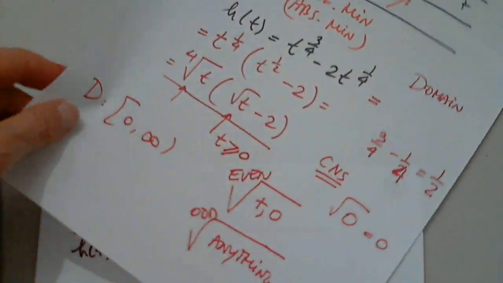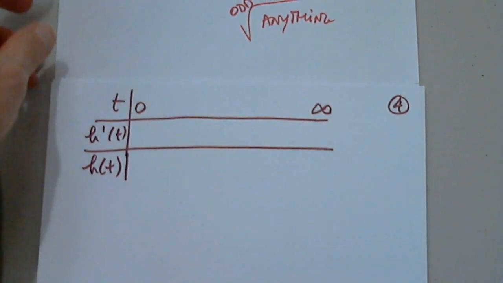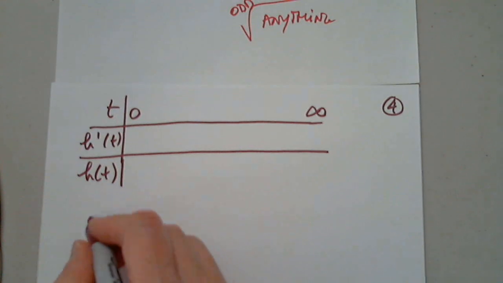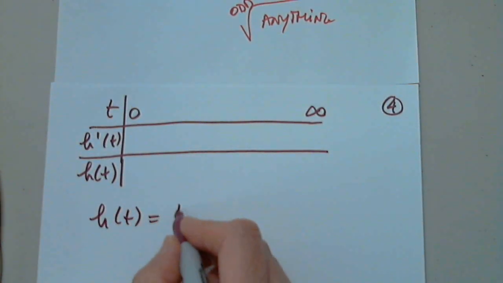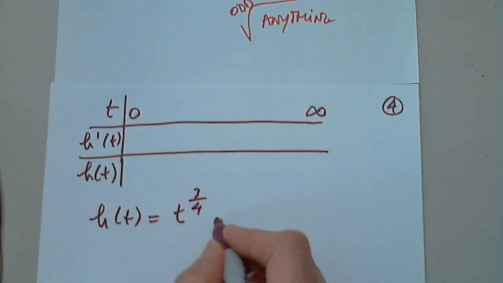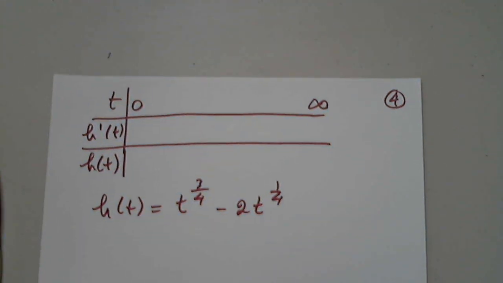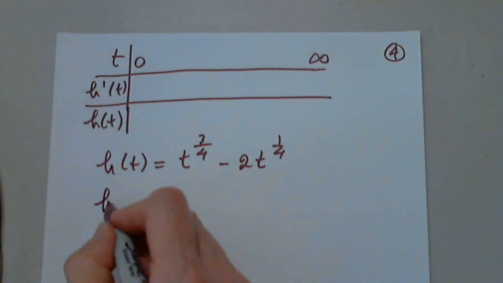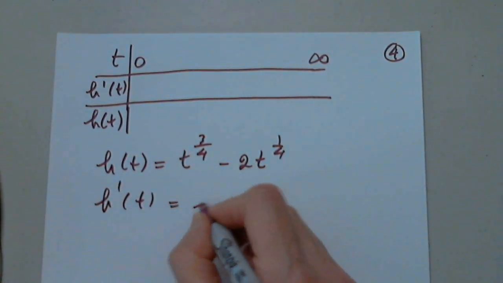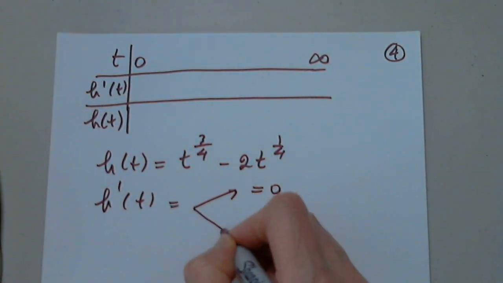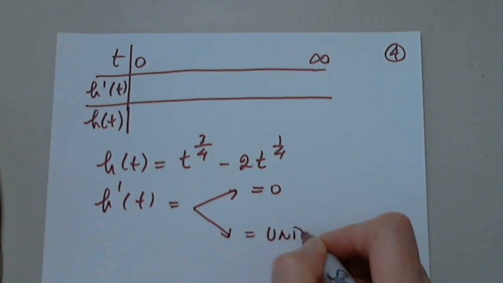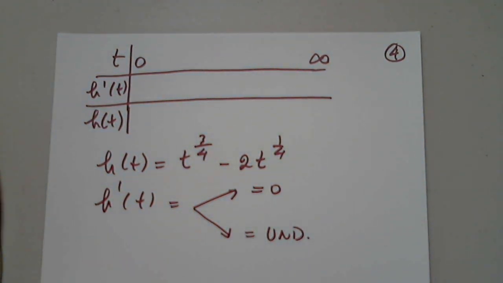So now let's find critical numbers. I'm going to copy the original function here, so I can put that page away. Good. So we have to find h prime of t, and then we have to set it equal to 0 or undefined. We would not be able to do this before finding the domain of the function. That's one of the reasons why we had to define the domain.